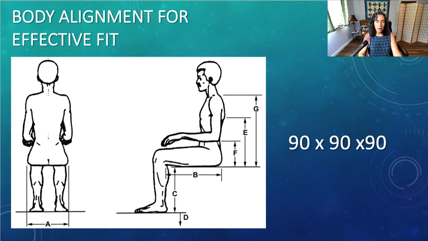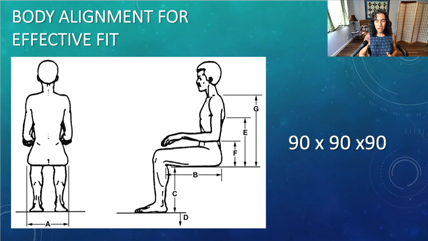For body alignment for an effective seat, what we're imagining in ideal circumstances, and that's not to say that everyone we fit for a wheelchair is going to be able to get to this kind of geometry, is a 90-degree angle between the trunk and the hips.